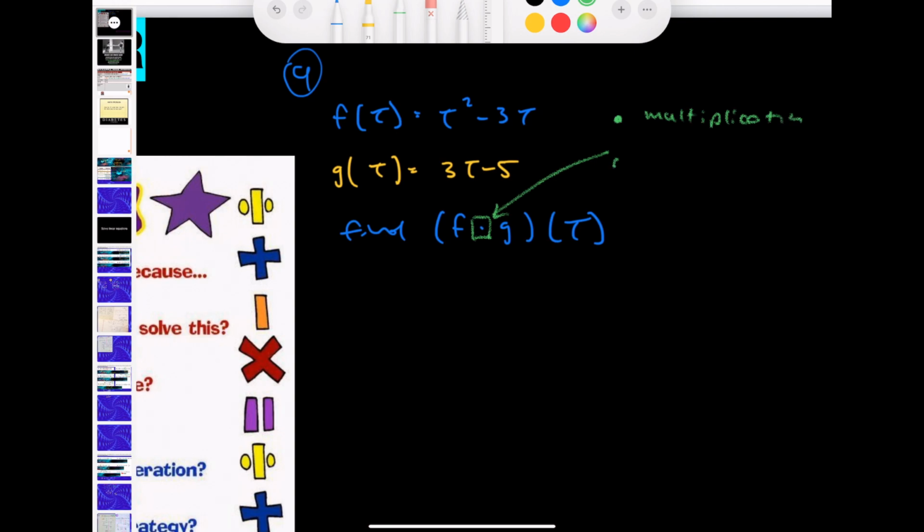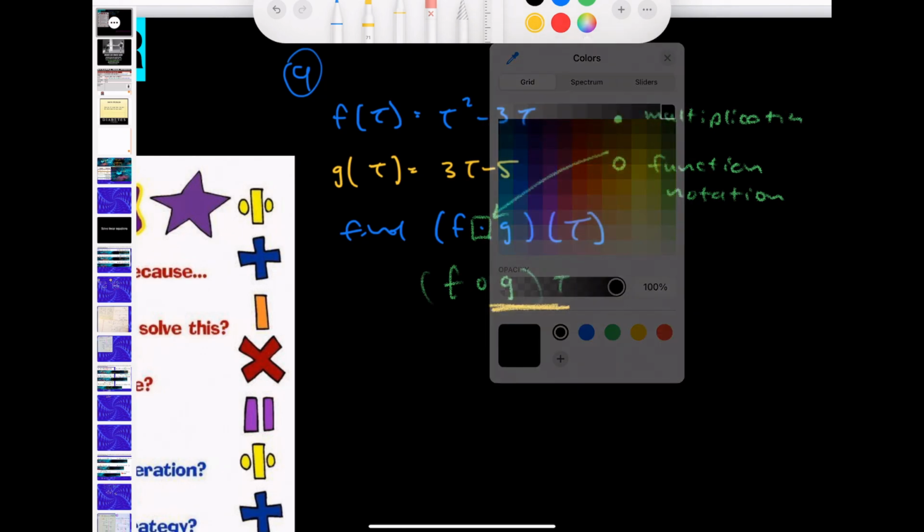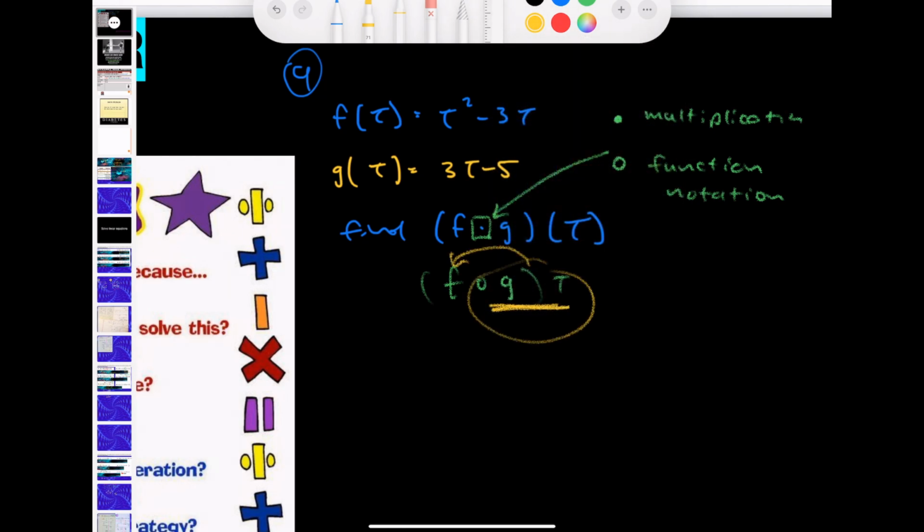If it's an open circle, this is your function notation, where you're gonna put, like, if that was the case, it would have been something like this, f of g of t, and then you would do g of t goes into f. Well, this problem is just a dot, so it is just multiplication.